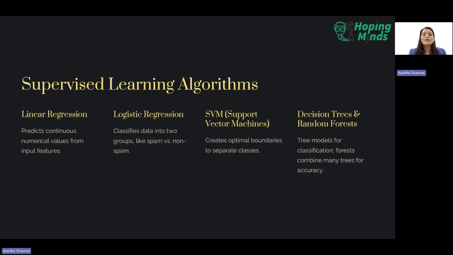Now let's understand what is random forest. Random forest is also used for both classification as well as regression. It improves the accuracy by combining multiple decision trees, where a forest of trees votes on the best result.